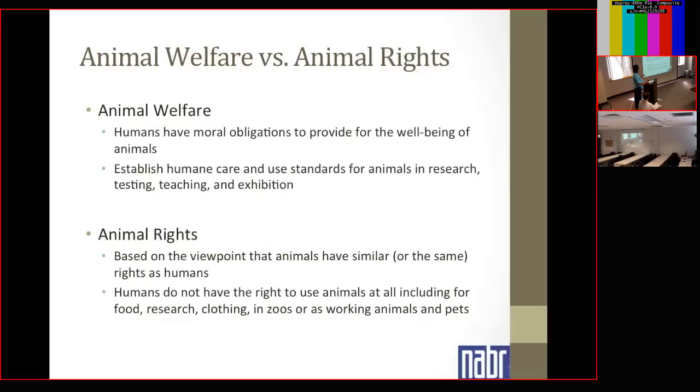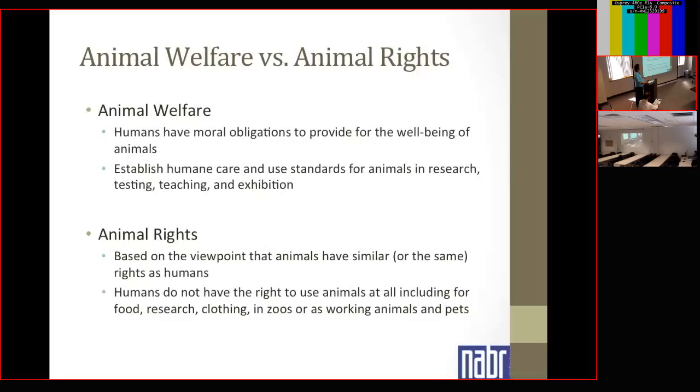People who believe in the rights of animals believe that we should not be allowed to own or use animals for any reason, including food, clothing, entertainment, research. And some individuals actually carry this belief so far that they think that we don't have the right to use animals for police or disaster recovery work, or even to own pets.